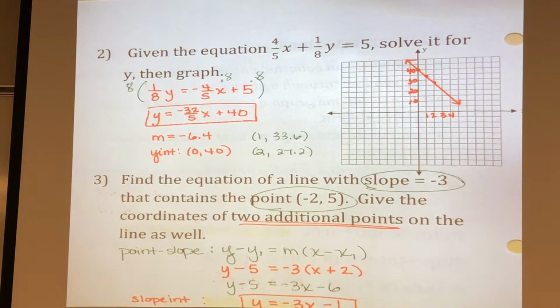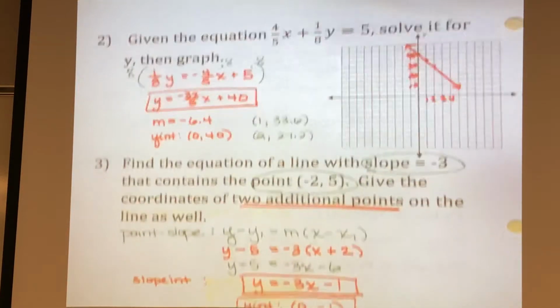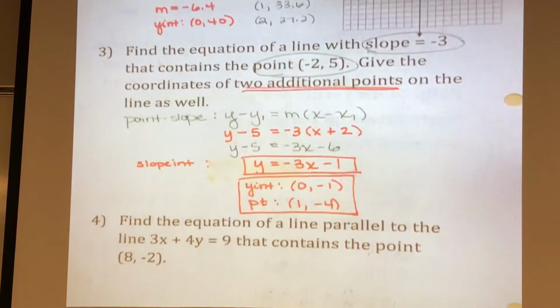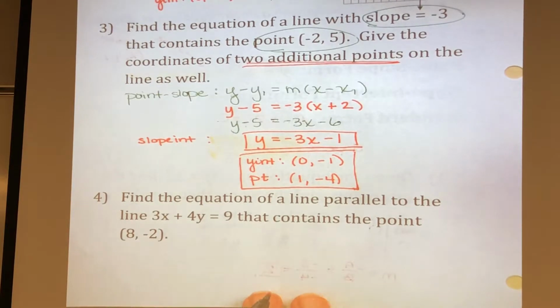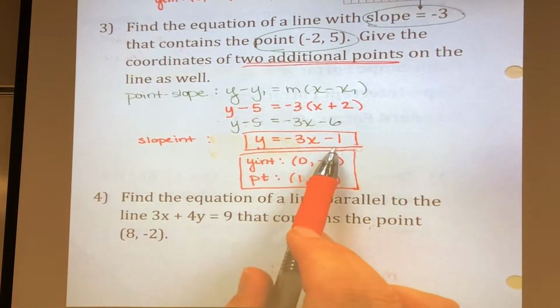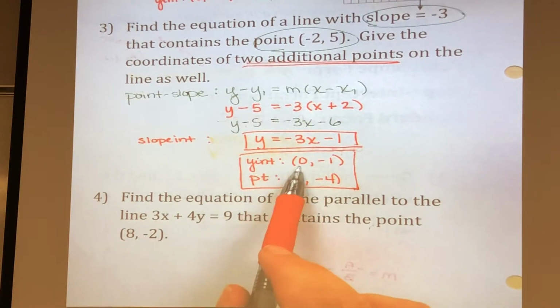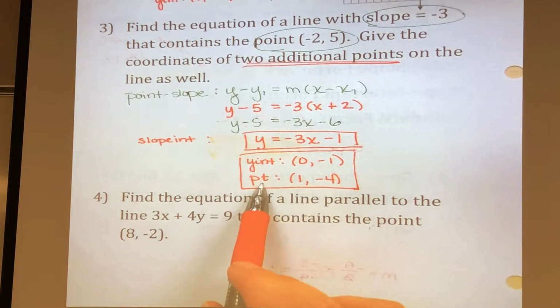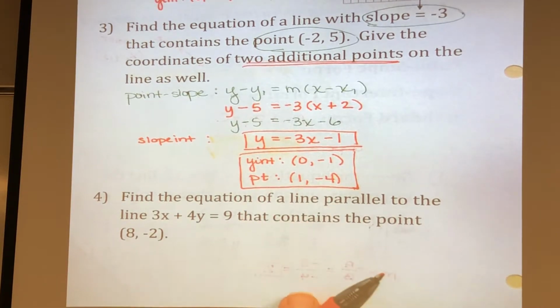Negative 3 times 1 is negative 3, minus 1 is negative 4. So there's 2 points that would lie on that line. Oh, sorry. There you go, now you can see that a little bit better. We have our y equals negative 3x minus 1, our y-intercept of 0, negative 1, and our point of 1, negative 4.